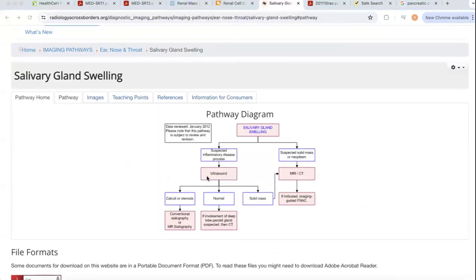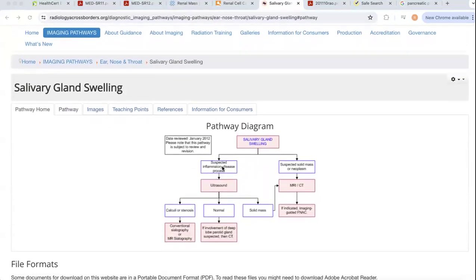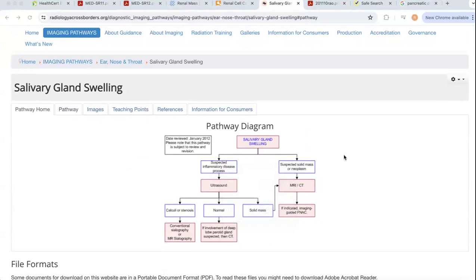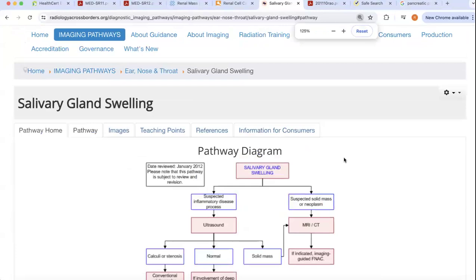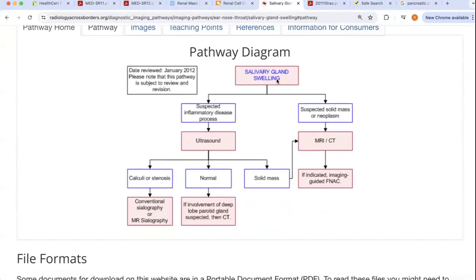So there is a good discussion about submandibular or salivary gland swelling, so let's follow that. Sometimes we follow the diagnostic imaging pathway for salivary gland swelling. So if you look over there, let's say you have got salivary gland swelling in a patient.